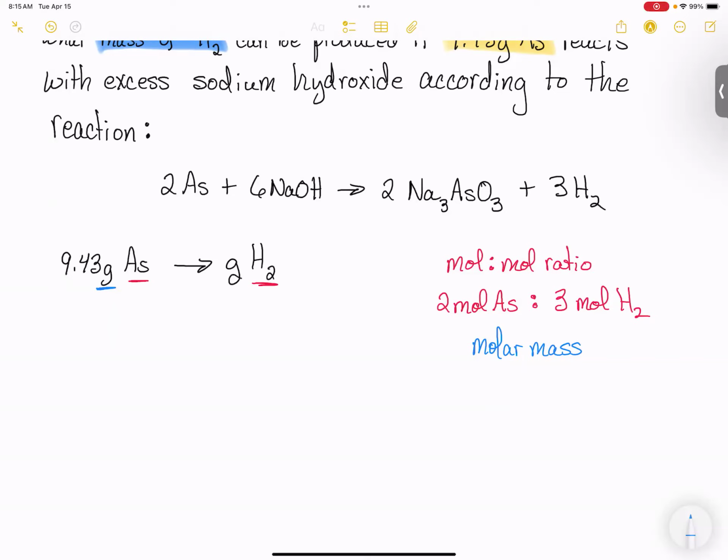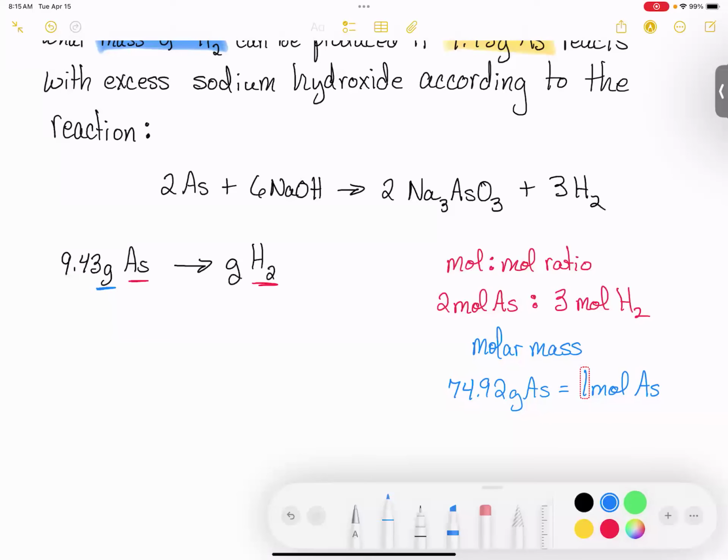And the molar mass of arsenic is 74.92 grams of arsenic is equal to 1 mole of arsenic. The next thing I realize is I have grams of hydrogen.